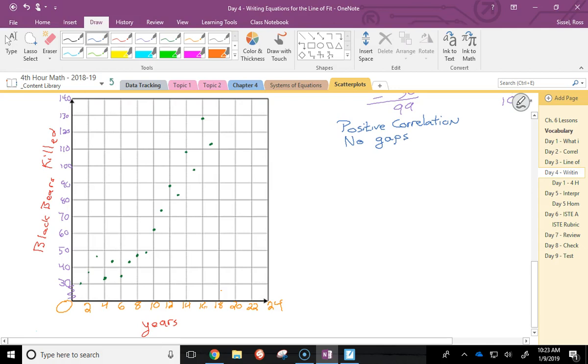Everything is packed in there. Are there any clusters? No. So I'm going to say no gaps, clusters, or outliers. Remember, outliers are the ones that lie outside our information. If our trend line was like this, and we had a point over here, we'd be like, whoa, why is that way different than everything else?